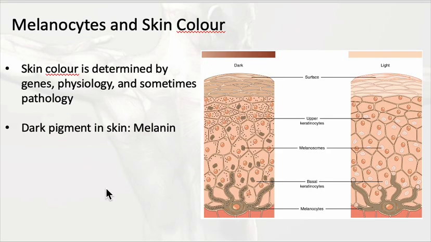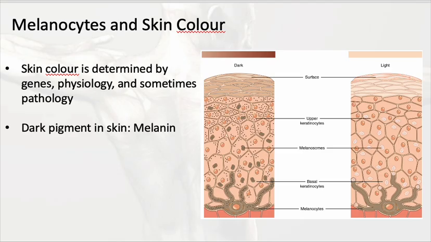So now we are going to move on to skin color. Skin color is influenced by a combination of genes, also physiology, so the function of certain skin cells, and sometimes it's associated with or influenced by pathology too.